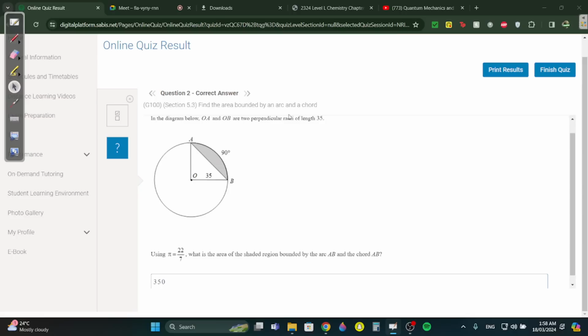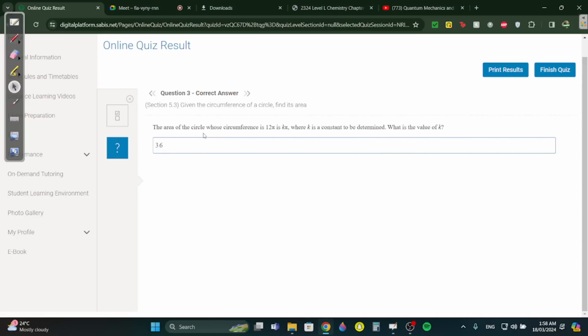Question 3. The area of a circle whose circumference is 12 pi is k pi. They want the area. They said the circumference is 12 pi. The area is pi r squared. We need the radius. How can we find the radius? They gave us the circumference.